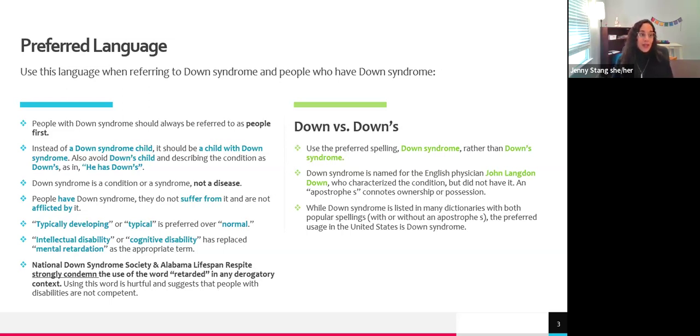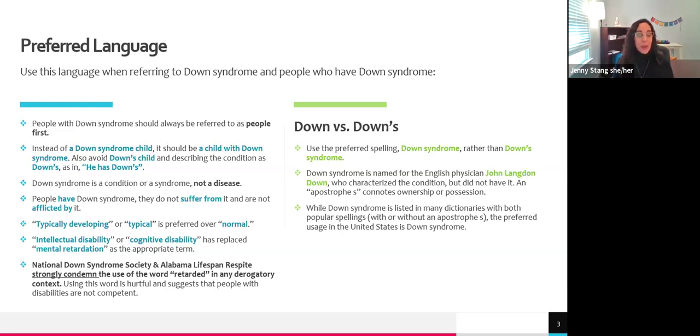And in that vein, and this will be the only time you hear me say the R word, it is for educational purposes only. We want to make it very clear that the National Down Syndrome Society, as well as Alabama Lifespan Respite, strongly condemn the use of the word retarded in any derogatory context. Using this word is hurtful and suggests that people with disabilities are not competent.